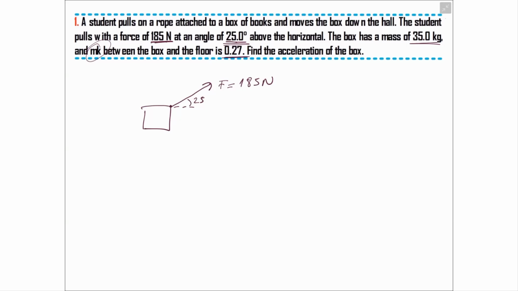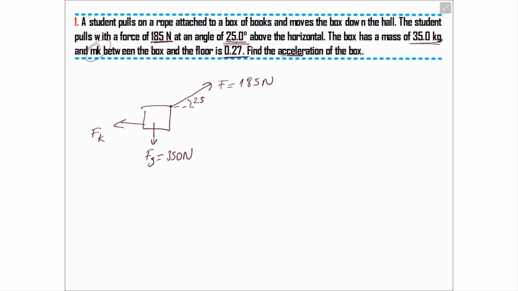And its mass is 35 kilograms, so Fg is 35 times 10, which means 350 Newton. And the box is moving to the right, and the question says find the acceleration. So in the opposite direction there will be the kinetic friction force.